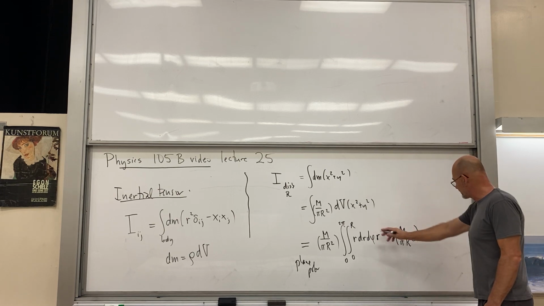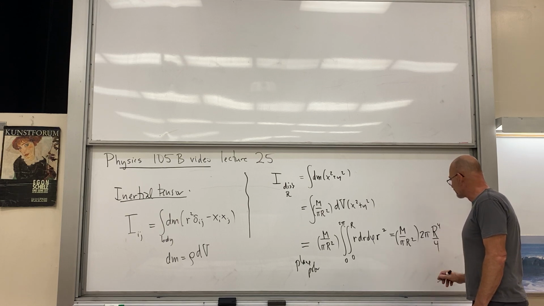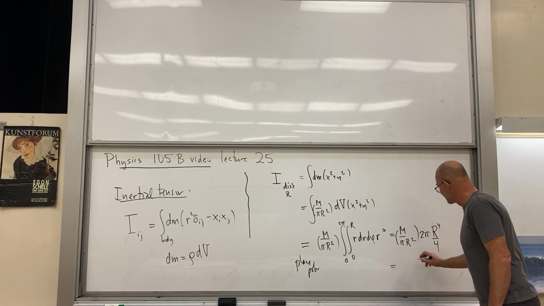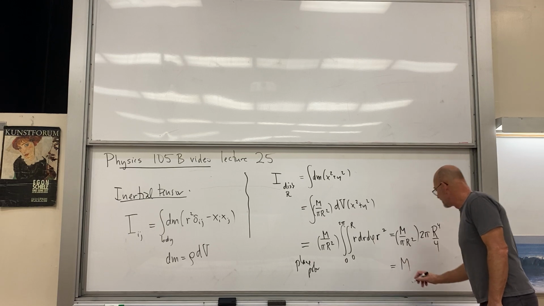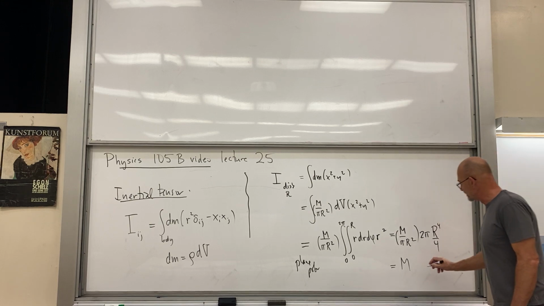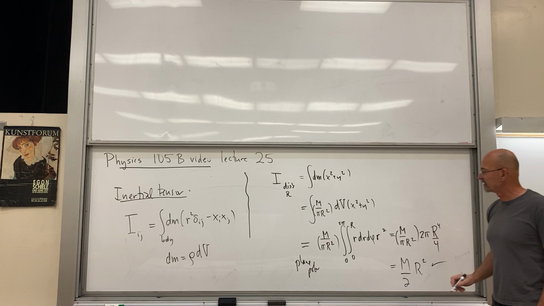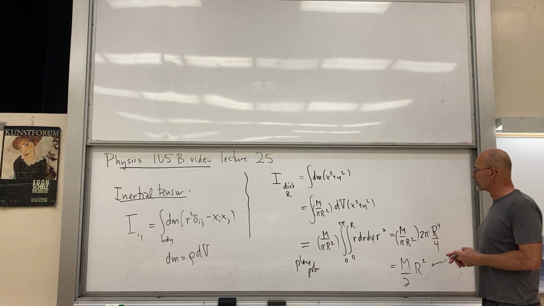So in this case, I can just make short work of it. We have r to the 4th divided by 4, and that's going to be an m. The pi's cancel, r squared, so it's going to be m over 2 r squared. Okay, that's how we do that with plane polar coordinates.